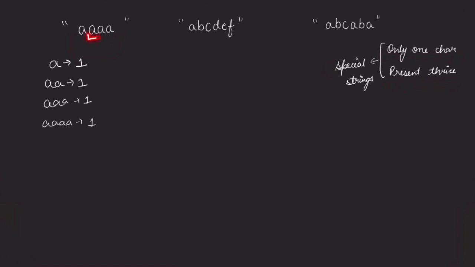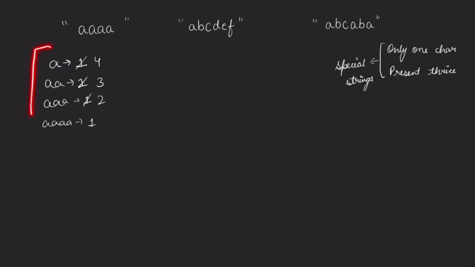Then this A in itself is also a substring, and this also in itself is a substring. So single A is coming 4 times. Then double A: this is a valid substring, this is also valid, and this is also valid. So double A total we have 3. Then for triple A, one is this and one is this, so we have 2. And for AAAA, we have just this one.